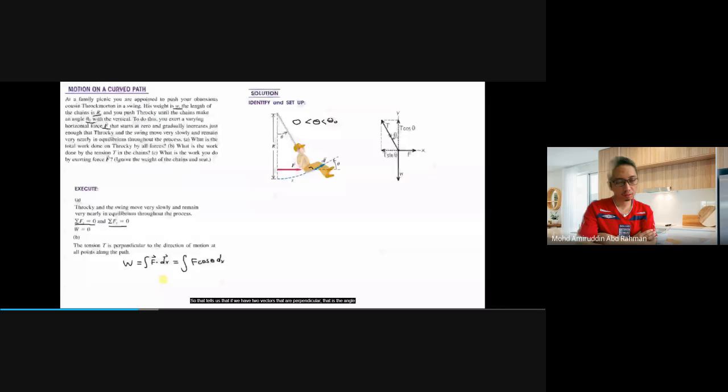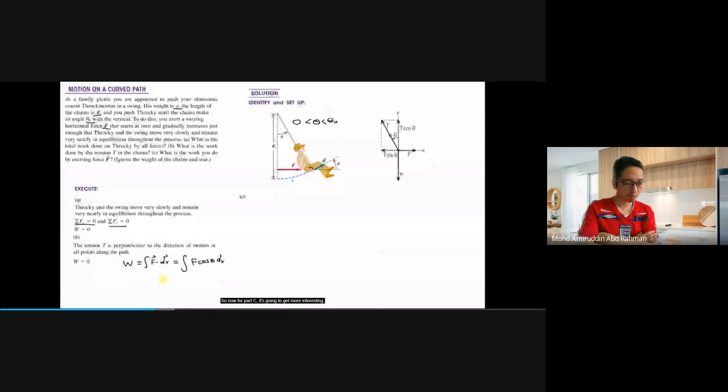So that tells us that if we have two vectors that are perpendicular, that is, the angle between them is 90 degrees, you plug that into the integral, cosine of 90 is 0. So the work done by a force perpendicular to the motion is going to be 0. So that means the work done by the chain is 0.